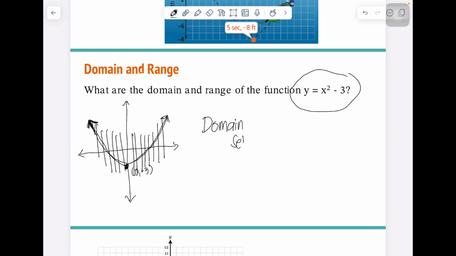in set builder notation would be x such that x is a real number.